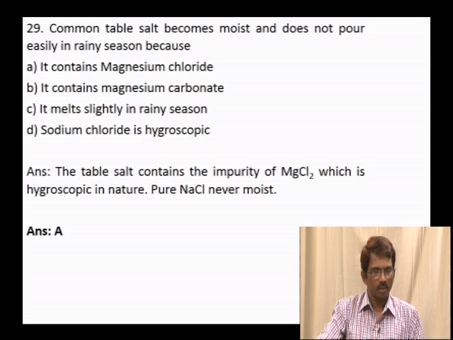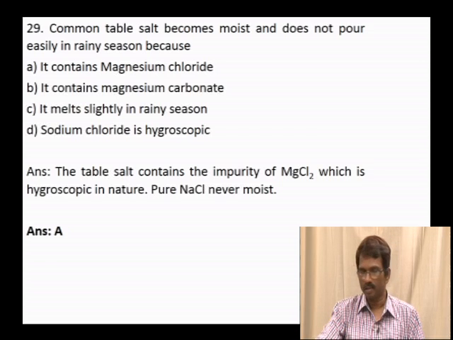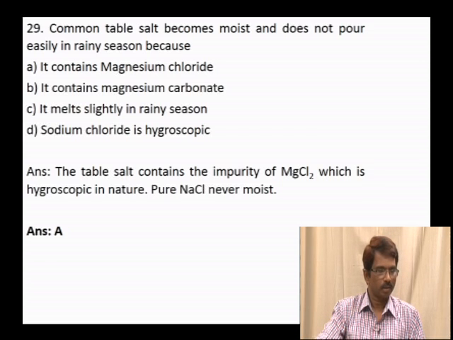Normally the table salt contains impurity in the form of MgCl2, which is a hygroscopic solid. A hygroscopic solid absorbs atmospheric moisture, and therefore the common salt, because of the presence of hygroscopic magnesium chloride, becomes moist and doesn't pour so easily in the rainy season. Obviously the correct answer is option A.